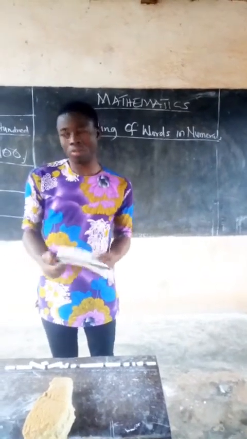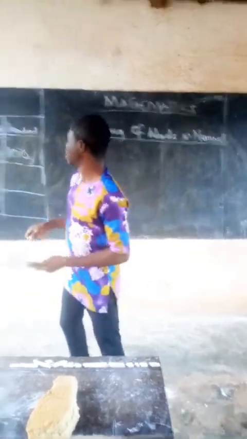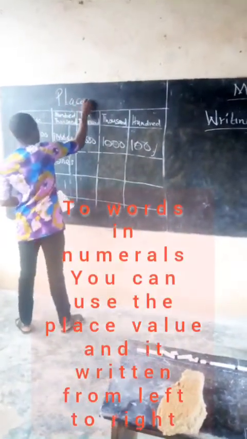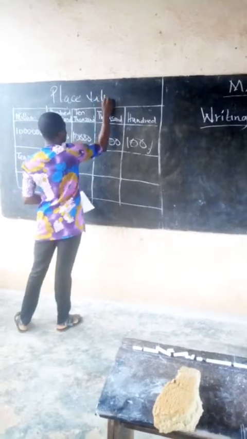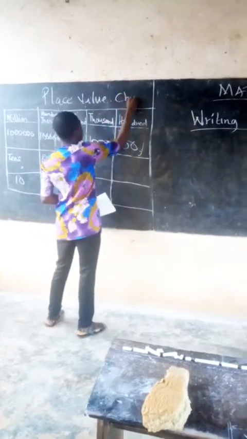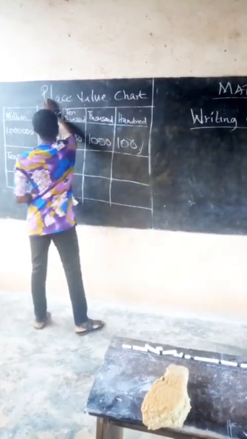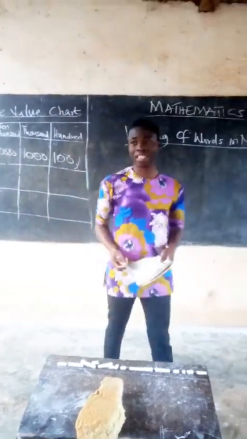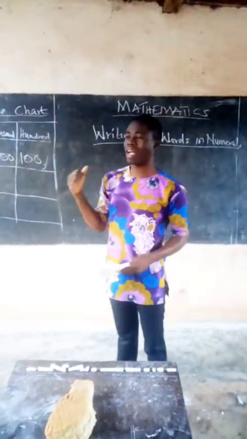So we use this place value chart. This chart will help us to write words in numerals.